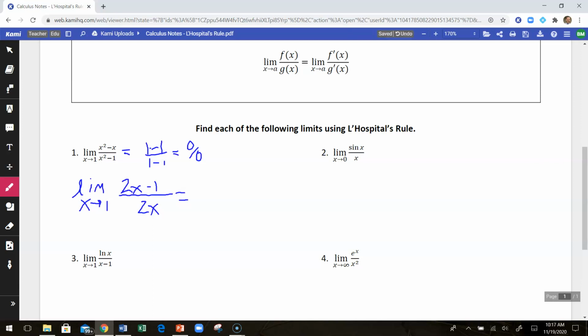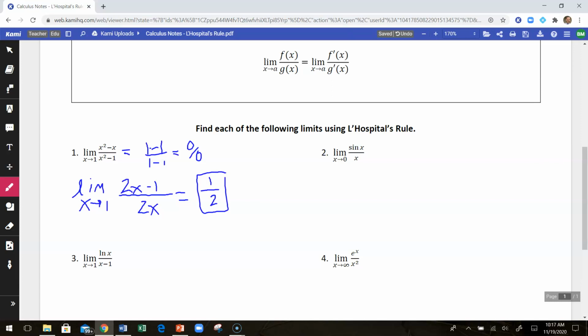If I plug in 1, I get 2 times 1 minus 1, which is 1, over 2 times 1, which is 2, and so my answer to my limit is 1/2. That is the nice thing about L'Hopital's rule: it allows us to evaluate limits relatively quickly.